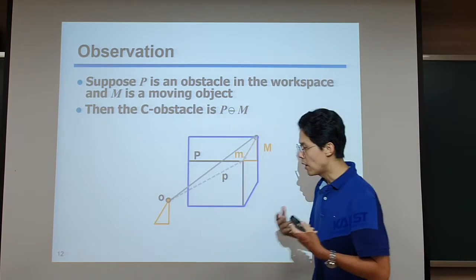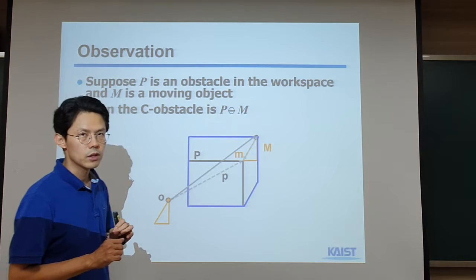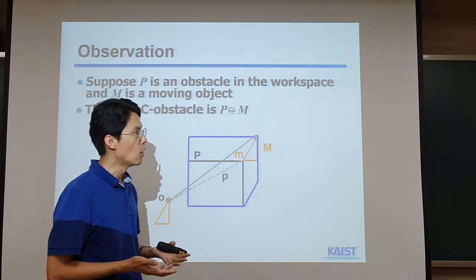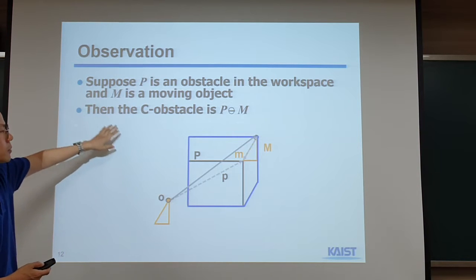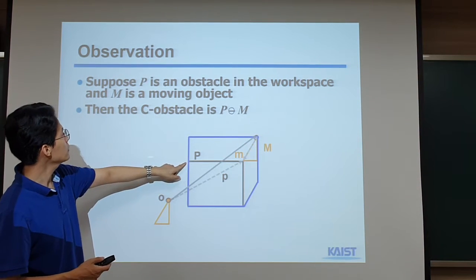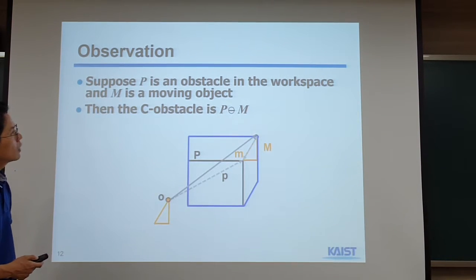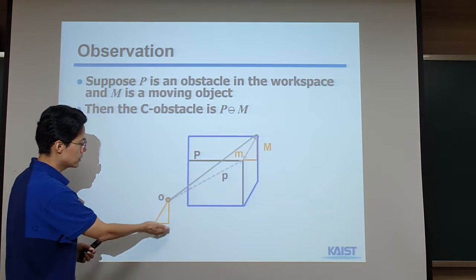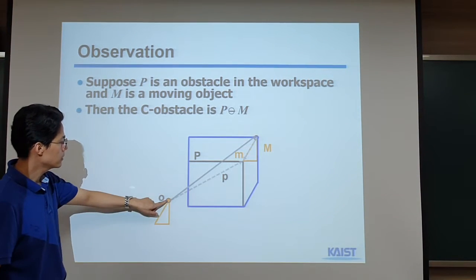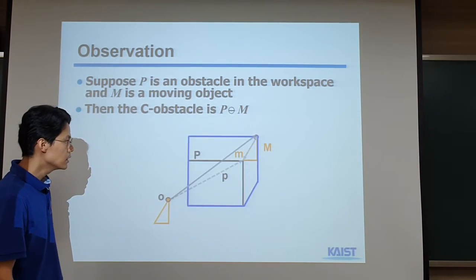Now let me talk about the relations between the C obstacle space and this Minkowski sum. Suppose that P is the obstacle, the rectangular shape in the workspace, and M is the moving robot, which looks like this triangle shape again, and this is our reference point, I would say the origin.